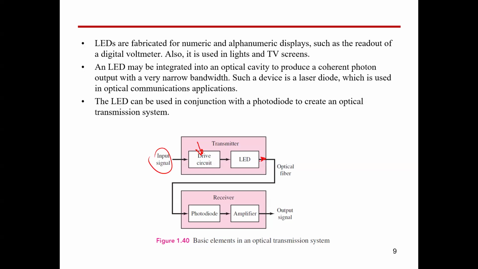And now the output can be transmitted through optical fiber from the transmitter, which is the source of light, to the receiver, which will receive the light by means of photodiodes and then use an amplifier in order to get the signal back again. So this is one interesting application of the LED. LED along with the photodiode can be used for optical fiber signal transmission, and it's used a lot in our life today.